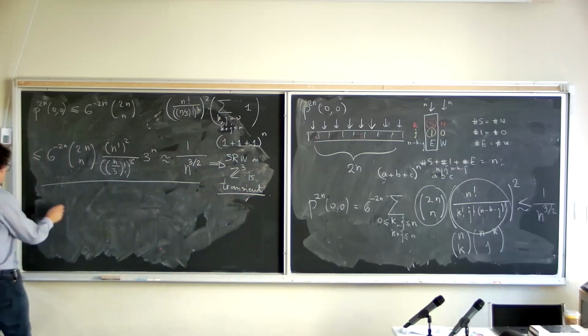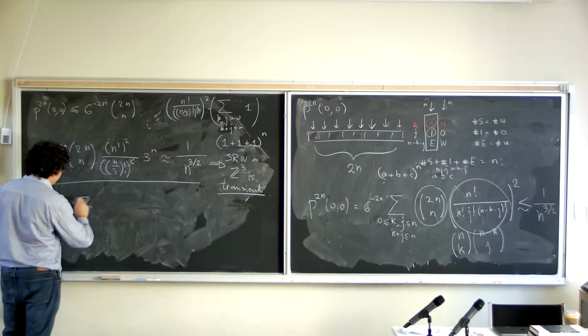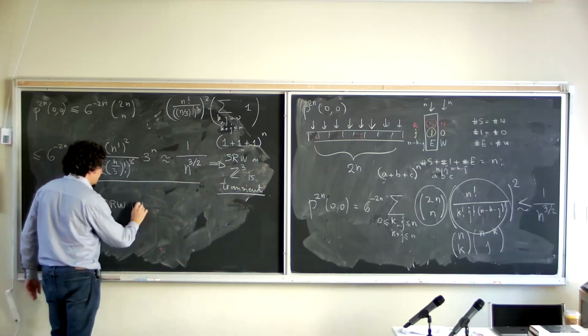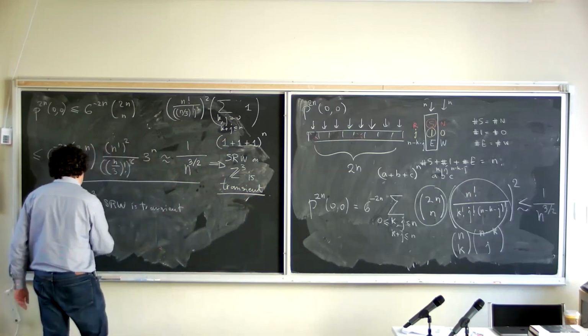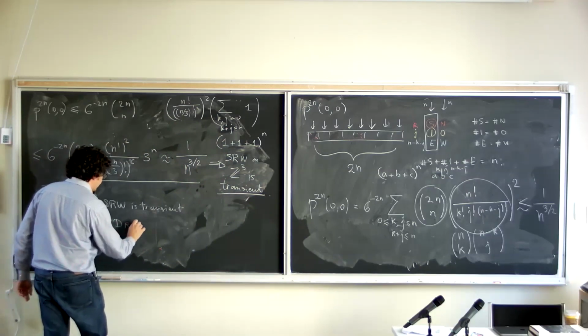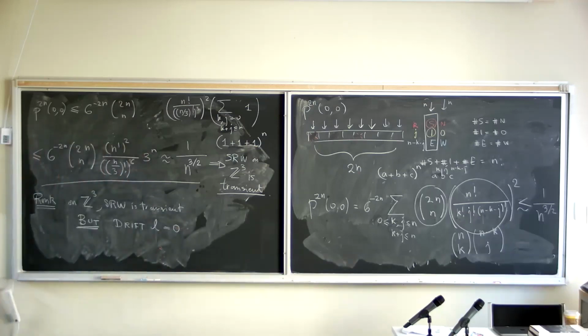And so remember, the remark that we discussed last time is that on Z^d, let's say on Z cube, the simple random walk is transient. But the drift of the walk, so the speed, is still 0.